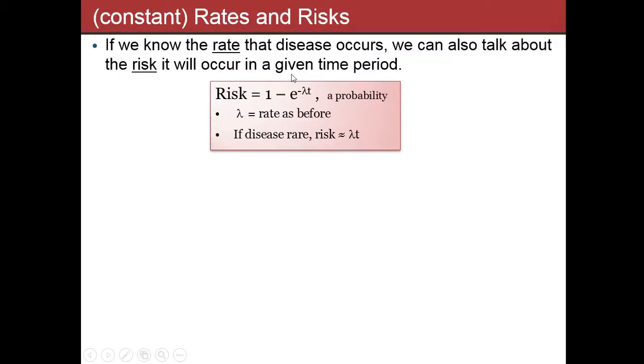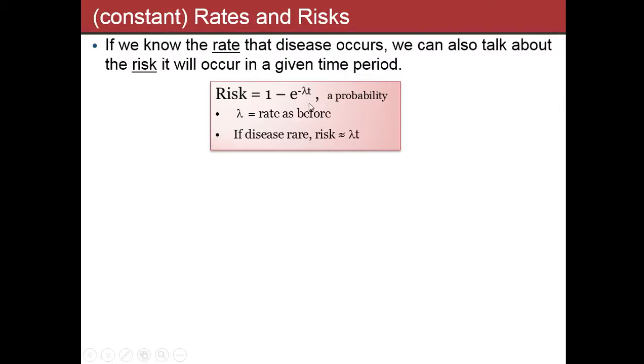The 5-year risk, the 10-year risk, the risk next week, rather than the disease occurs at this rate, this much disease per person-years or whatnot. And there's this formula that lets us rather precisely relate the risk in a given fixed interval to the rate.